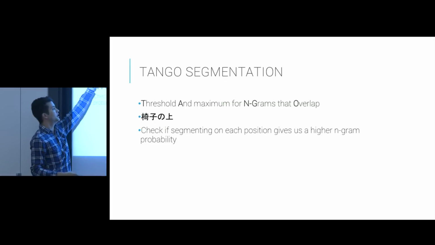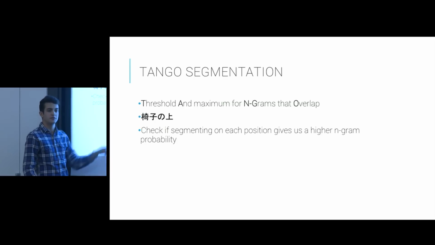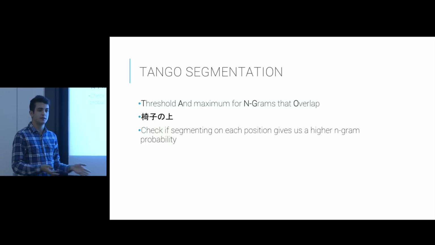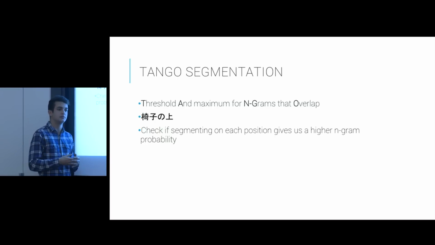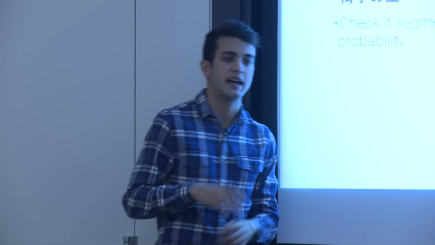So this is an algorithm called the Tangle segmentation algorithm, which would be really cool for a project. It takes unsegmented text, which can be Japanese or Chinese or maybe English without spaces, and tries to put spaces between words. It does that by using a language model and trying to see what is the highest probability you can get. Okay. So this is segmentation.